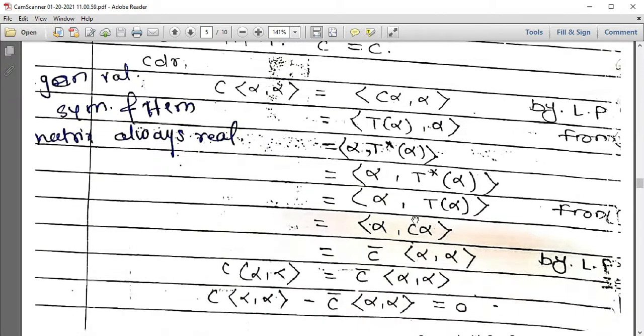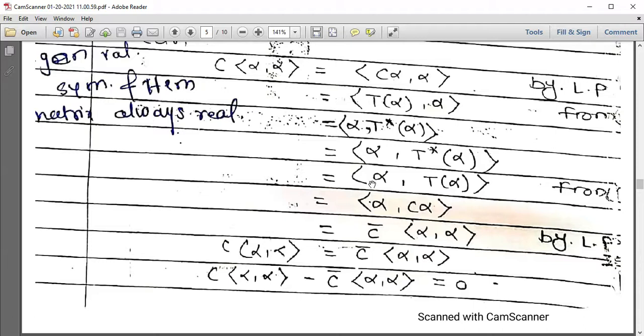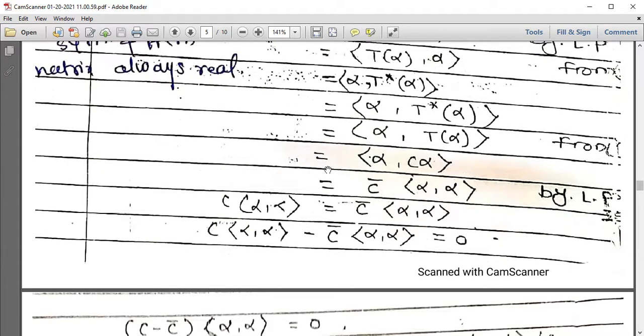Which is equal to inner product of alpha and T of alpha, because T star is equal to T, which is given to us, so instead of T star we can write T. Which is equal to inner product of alpha and C of alpha, because the value of T of alpha is C of alpha, which is equal to C bar of alpha alpha by again linearity property of inner product.